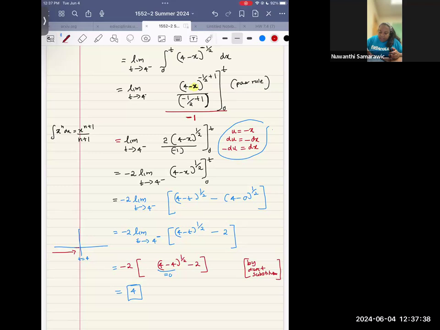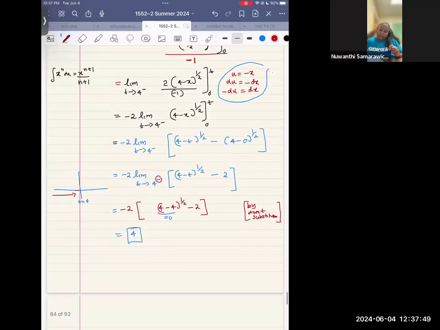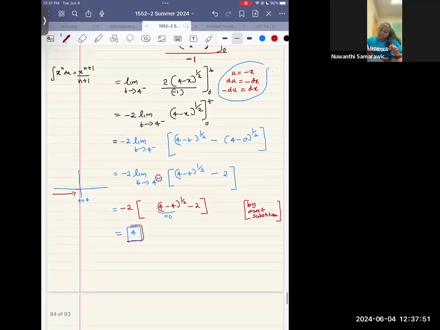So don't forget, it approaches 4 from the left-hand side. It's not 4 minus, I mean, not -4. So that's why it's just 4. Okay, so we get the answer as 4.